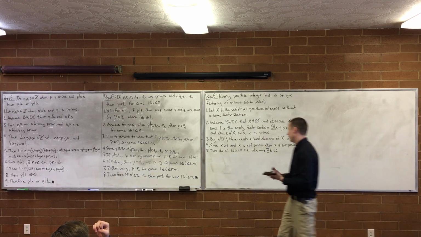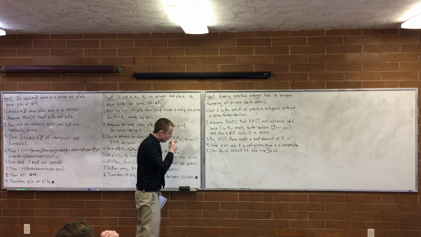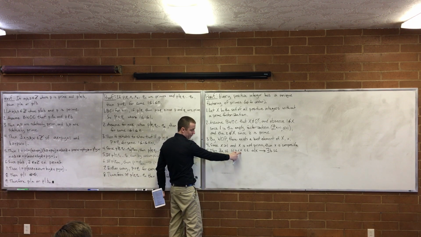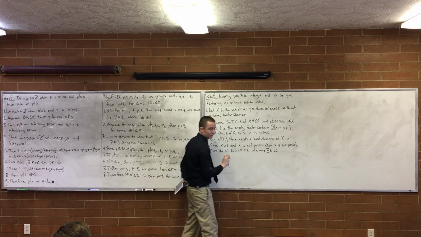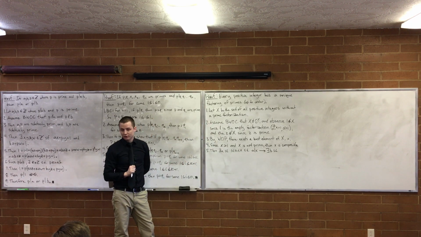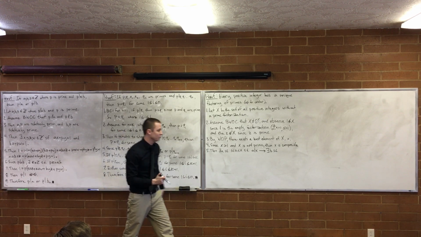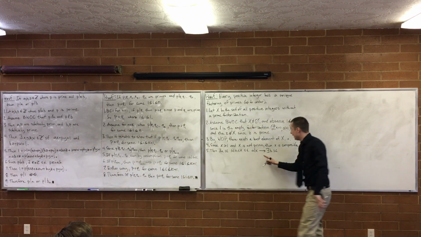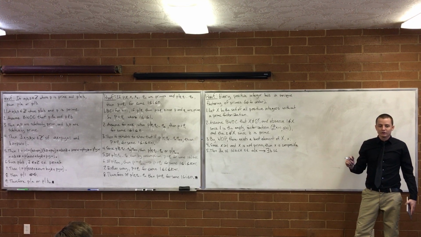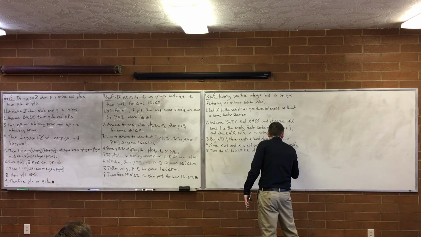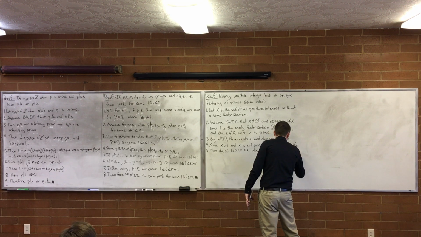And what does it mean to be composite? If it's composite, then there exists some integer a between 1 and x, such that a divides x. That's the definition of it being composite. Well, if a divides x, what does that mean? Then there's some integer b, such that a times b equals little x.